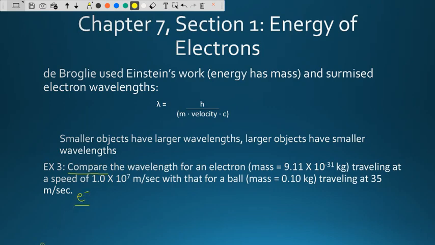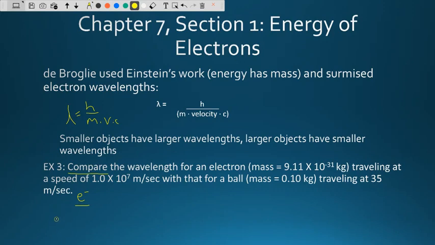Okay? Now, remember that in all cases, we're going to be using the equation where we have the wavelength, and that's going to equal h divided by our mass times our velocity. Okay, and we have the speed of light, but that's going to be constant. Or the speed that they're going, I should say. So that's going to be a piece of that. All right, so let's document what we're given with this particular question.